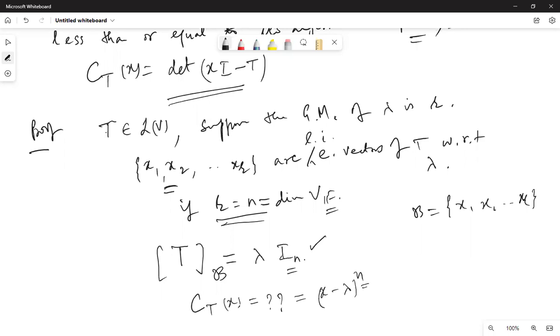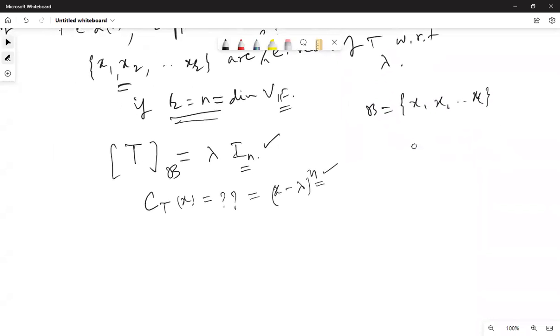Then the geometric multiplicity of lambda is n, and the algebraic multiplicity of lambda is also n. So in this case, they coincide.